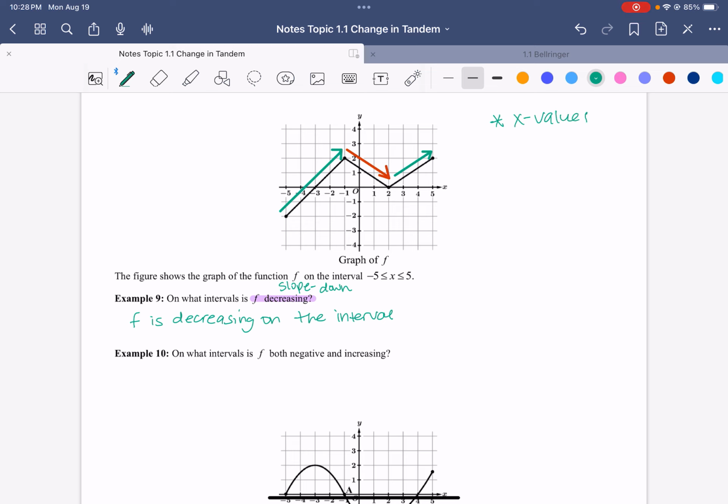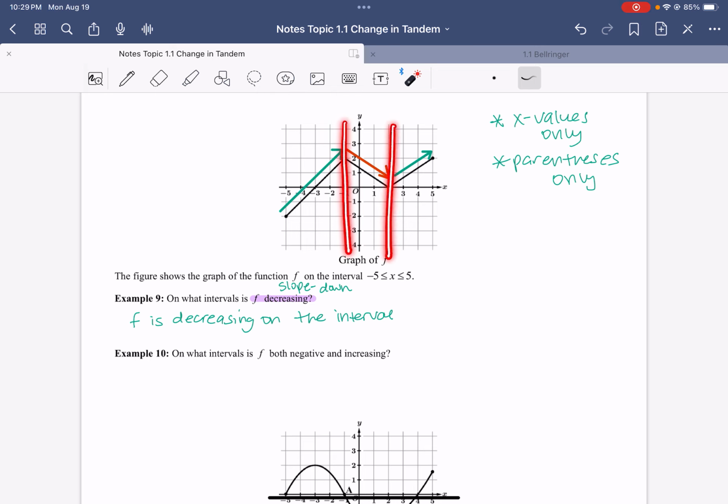X values only and parentheses only when you're writing your intervals. So I'm only going down from this point to that point. Okay, notice that that's going from -1 to +2. So parentheses only, -1 to +2 would be my interval that the graph is decreasing.